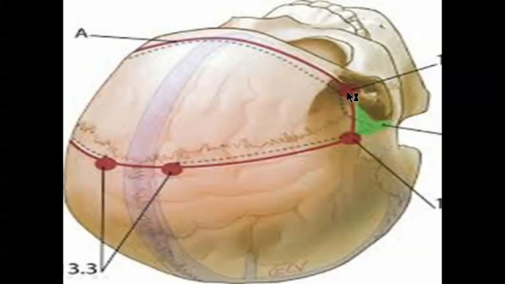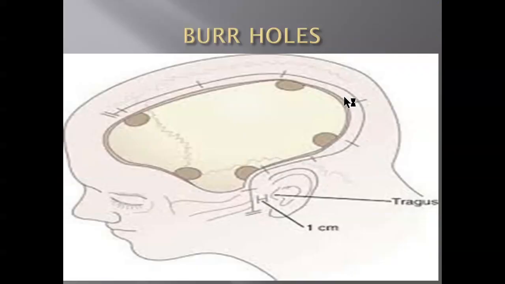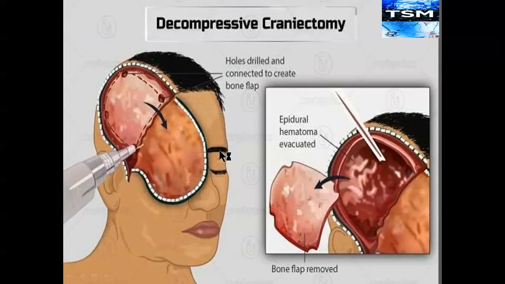So the burr hole should be as inferior as possible, like we can see over here in the temporal region, to help the brain have enough space in the middle cranial fossa also.